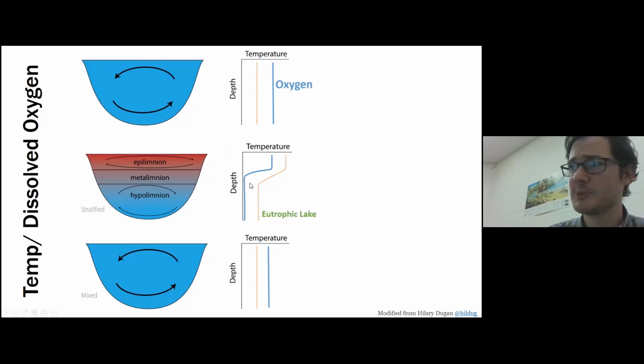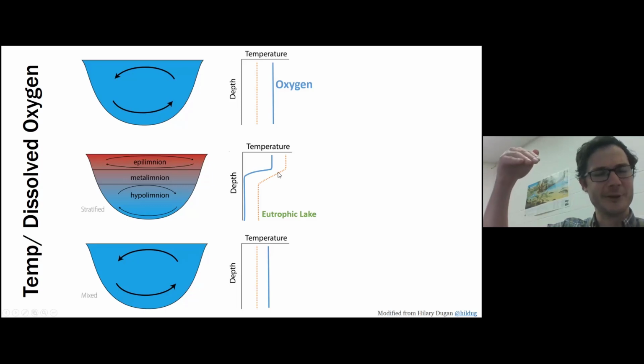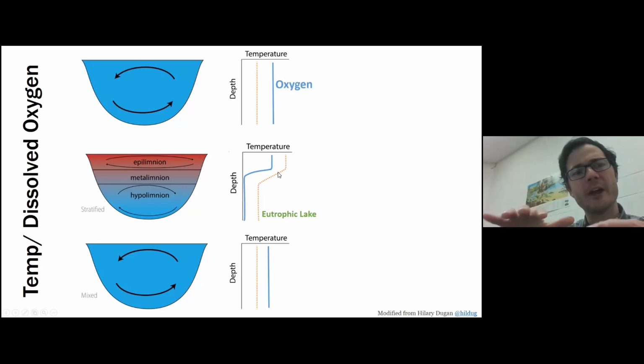And it does this for multiple reasons. I'll just give a quick synopsis. That thermocline I mentioned, that area where it goes from warm to cold, acts almost like a physical barrier for solutes within the water. And so oxygen is getting mixed into the upper parts of the lake, but because of that gradient, that thermocline, the oxygen is not getting down to the bottom parts of the water anymore.